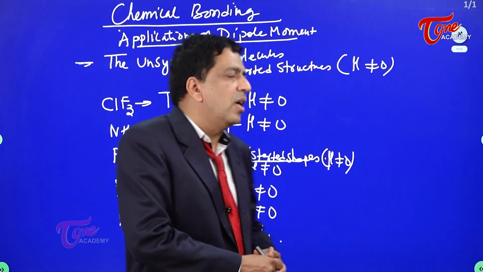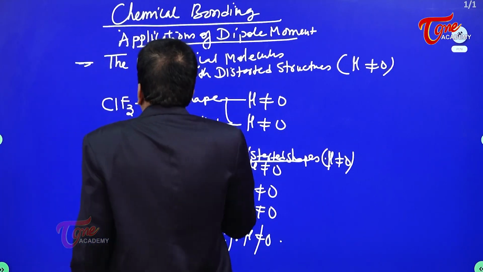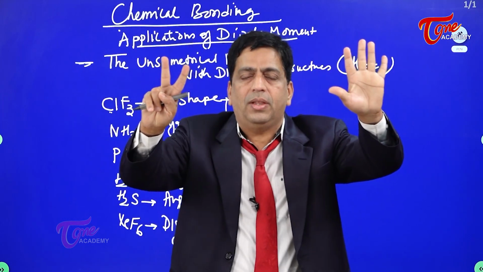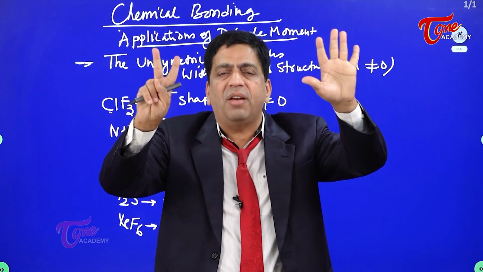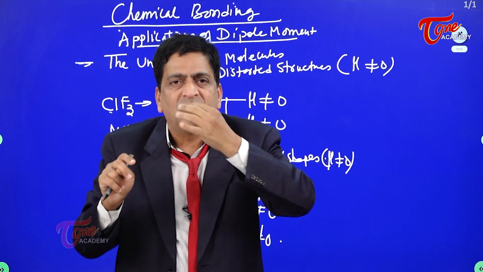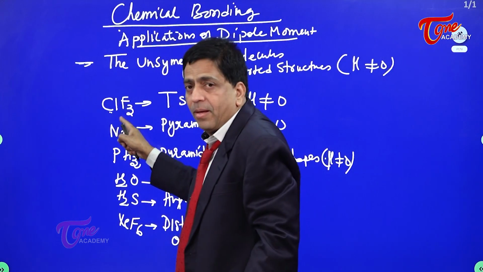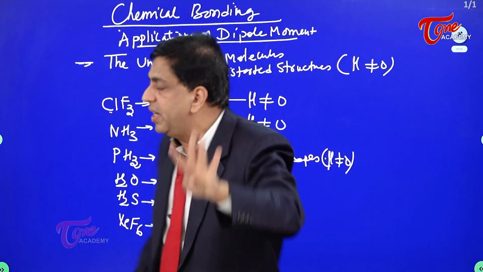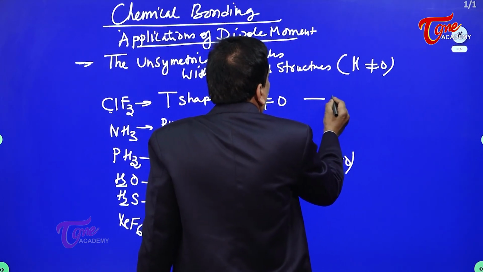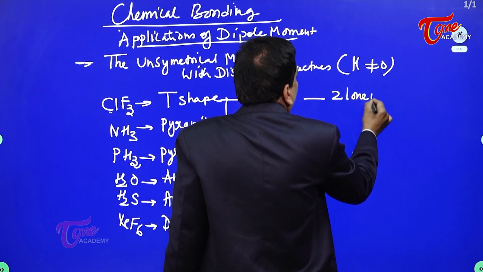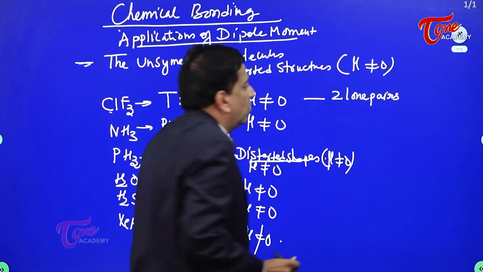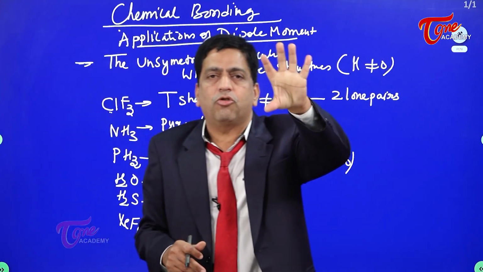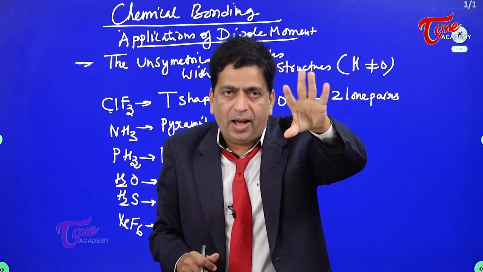Now, as I said, we will fix it off. So let us fix it off. How to fix it? You see here, this chlorine belongs to 7th group. So that means that you have 7 electrons in your pocket. 3 you invested, so you are still left with 4. That means that this has 2 lone pairs. Nitrogen has 5 electrons in its outermost shell and it has invested 3.